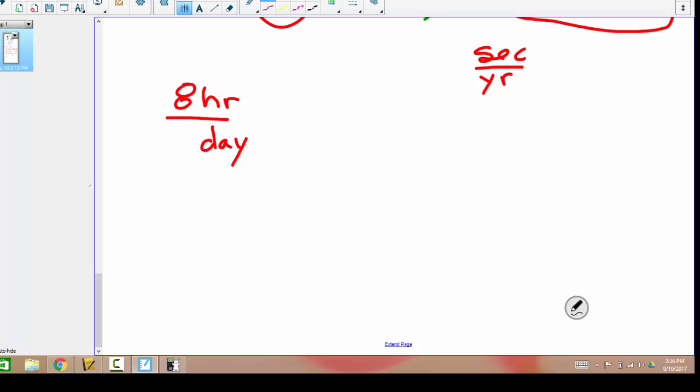So to convert days to years, the word days is on the bottom, so the word days needs to go on top so that they cancel. 365.2 days per 1 year.